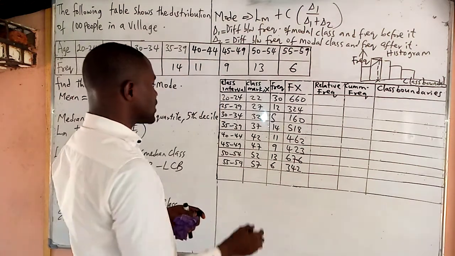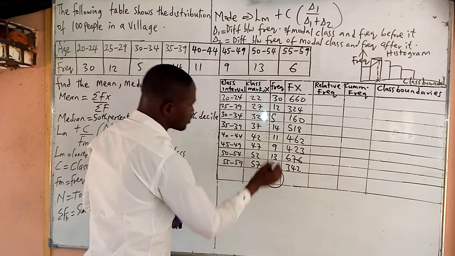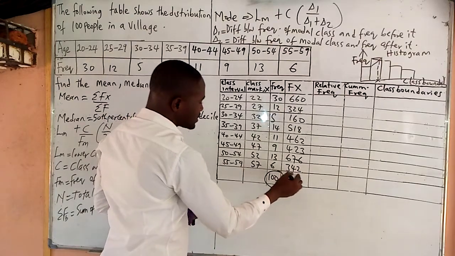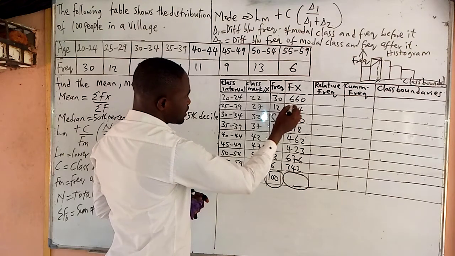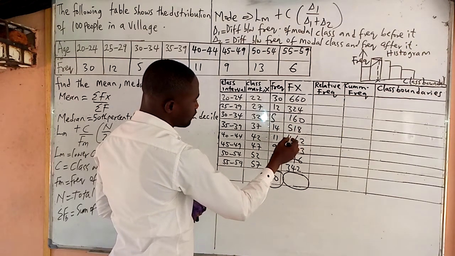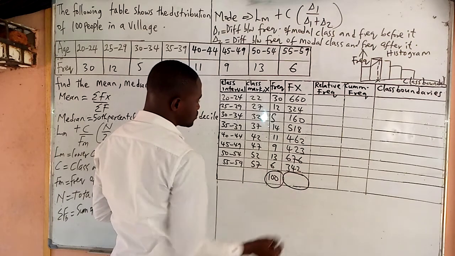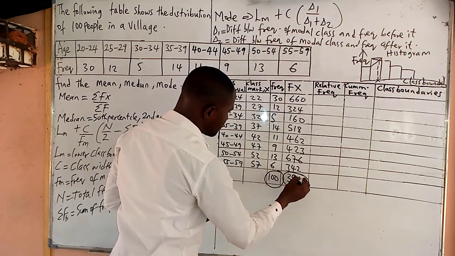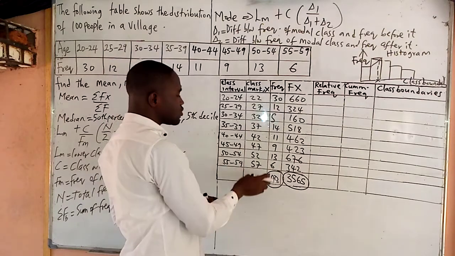Now, get your total frequency. Your total frequency is 100, from the information they gave us. For the sum of fx, add it up: 660 plus 324 plus 160 plus 518 plus 462 plus 423 plus 676 plus 342. That gives you 3,565. Now, relative frequency means frequency over total frequency.